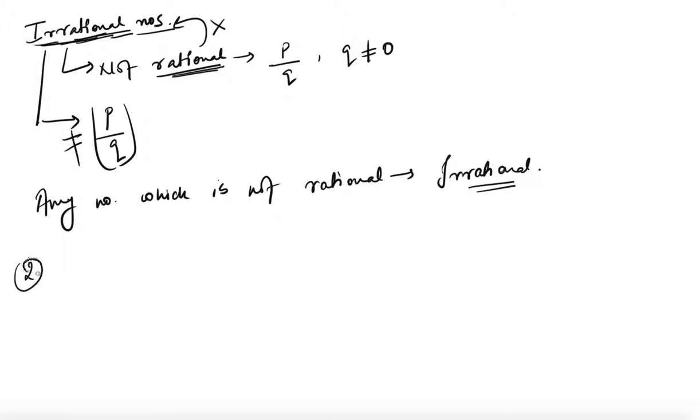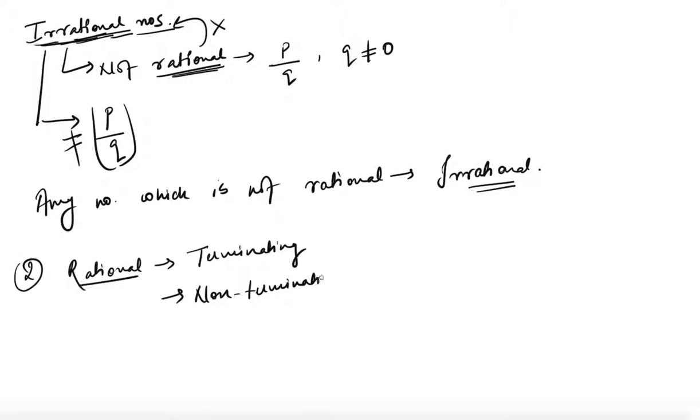Second thing, you know that rational numbers, what is the decimal representation of rational numbers? Rational numbers are either terminating first, or they may be non-terminating and recurring.